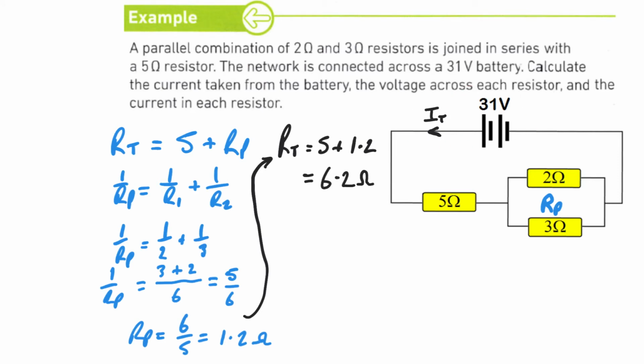So we need an I equation based on the resistance of this being 6.2 ohms. Have a wee go at that. So I total is going to be V over R total, which is going to be 31 volts over 6.2 ohms. And that works out to be exactly 5 amps.